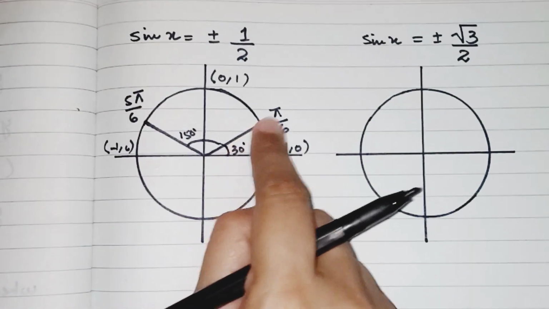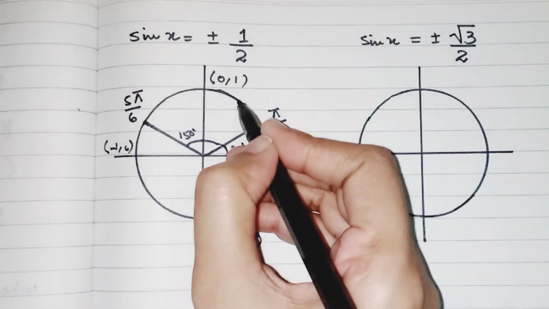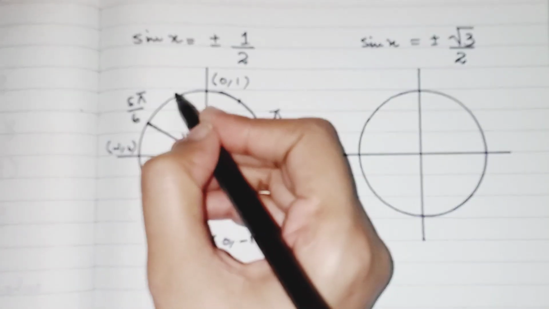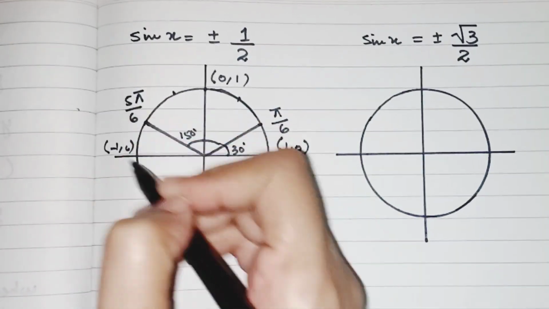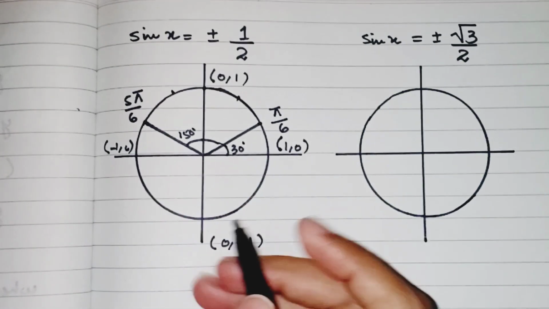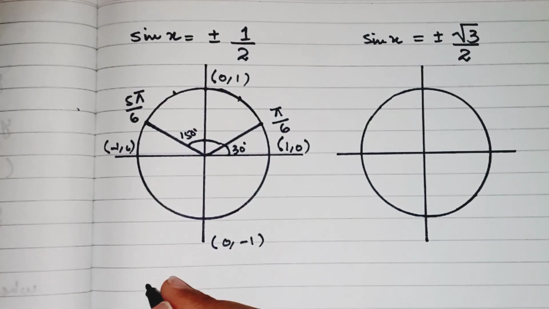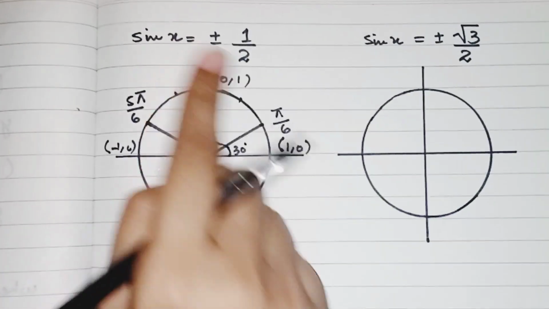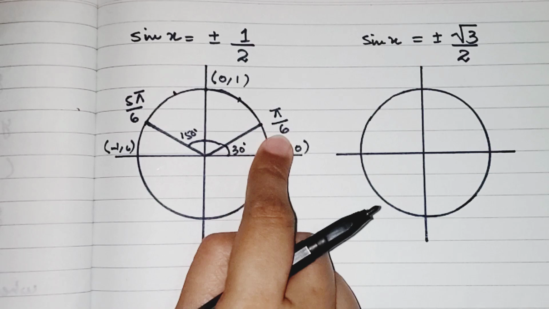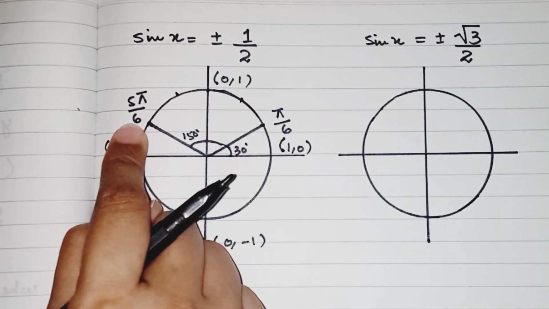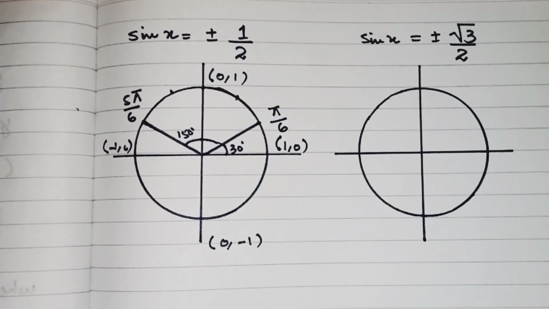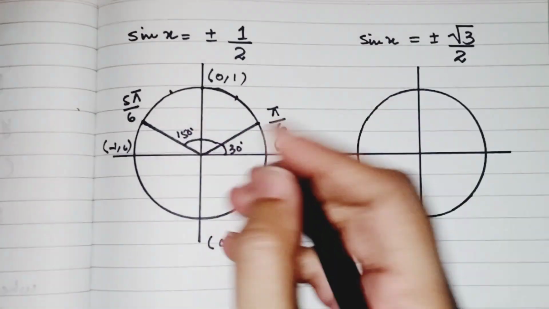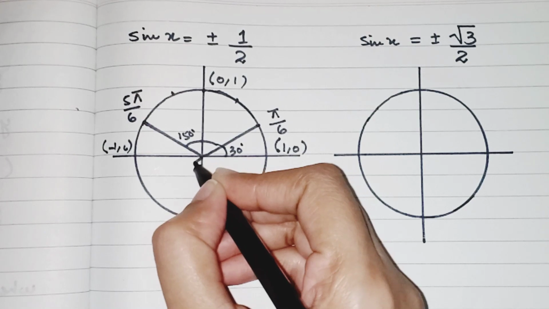Because the first is 30 degree, second will be 60, third 90, fourth 120, fifth 150, and the sixth one is that. So the positive values of sine x are pi upon 6 and 5 pi upon 6. Clear?